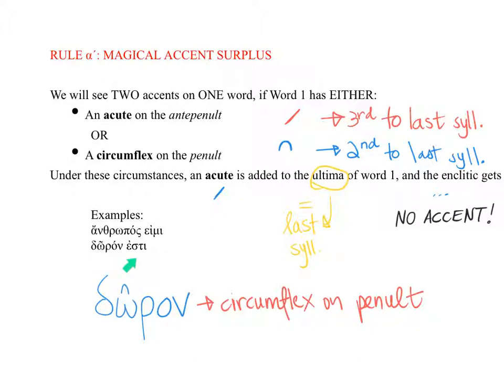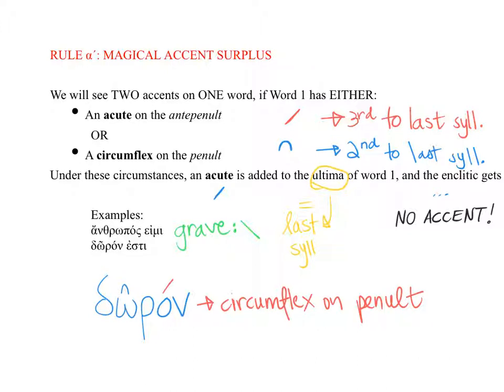That allows us to keep our circumflex on the penult and add an acute on the ultima. This may be surprising, that we would add an acute here on the ultima when there's a word following, because normally when you have an acute on an ultima, it will change to a grave, which looks like an acute, but goes in the other direction.